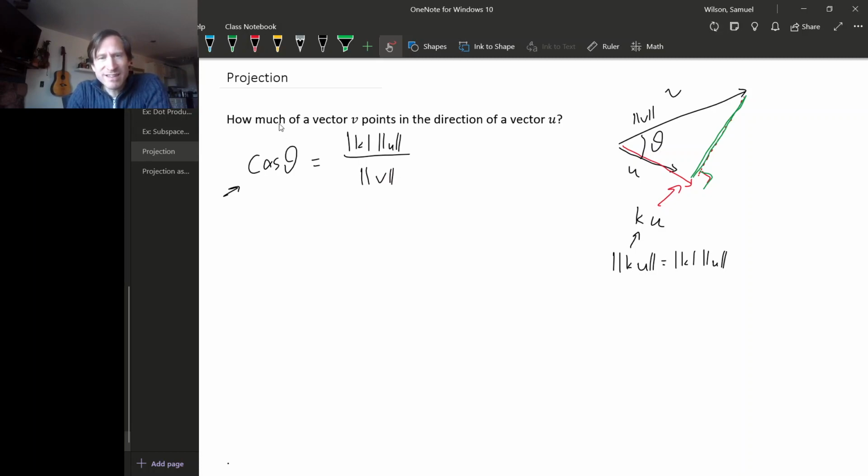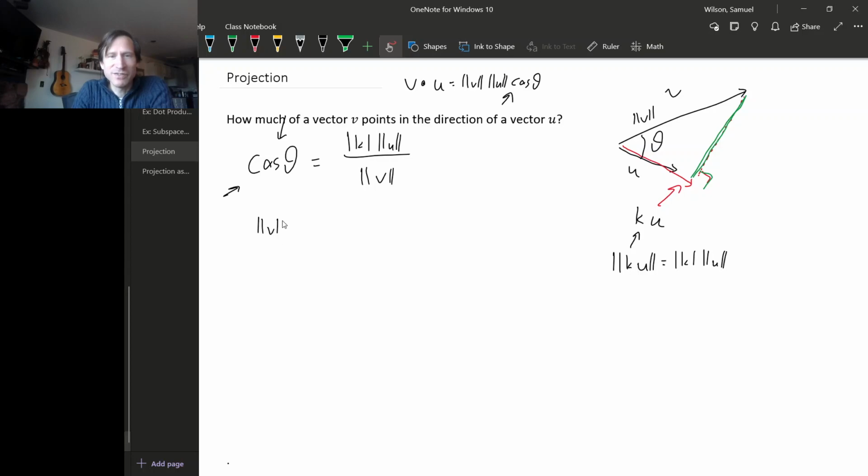You can see that since we got a cosine of theta, that's looking good for a dot product to show up, because remember in the back of our minds is the fact that v dot u is the magnitude of v times the magnitude of u times the cosine of the angle between them. Well, we can get closer to this showing up just by moving the v to the left-hand side.